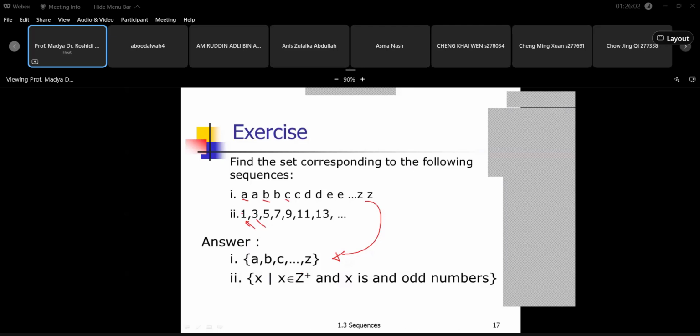That's why here it is positive. If we start with negative 1, negative 3, and so on, we can't put positive. But if we start with negative 1, negative 3, negative 5, and so on, here we change to Z negative, so it represents the whole numbers of the negatives. So x is an odd number.